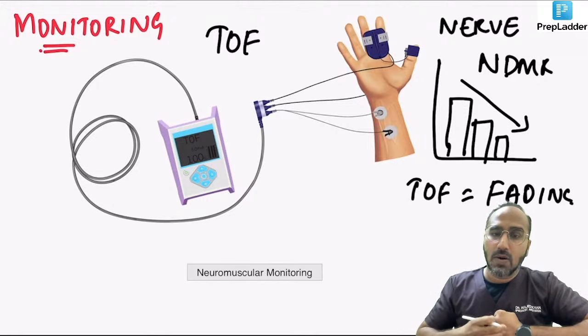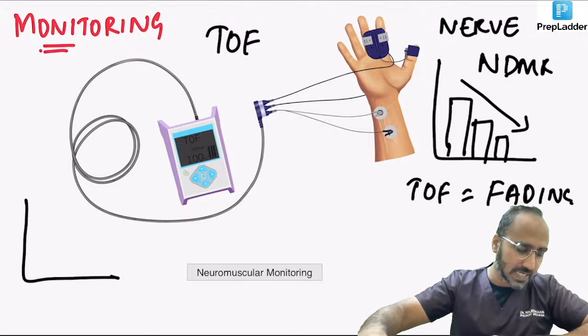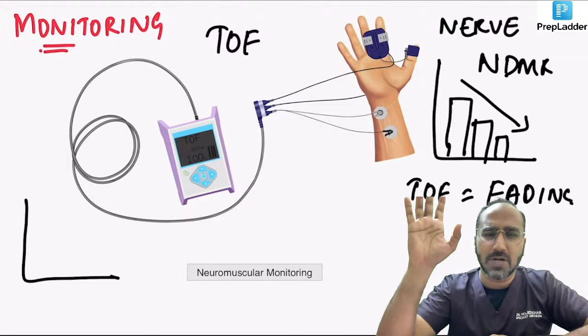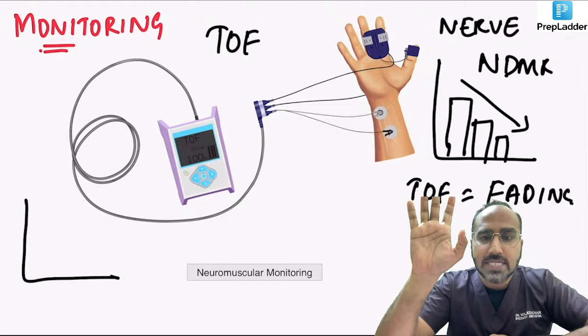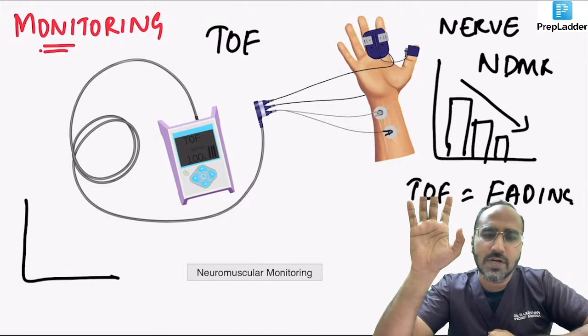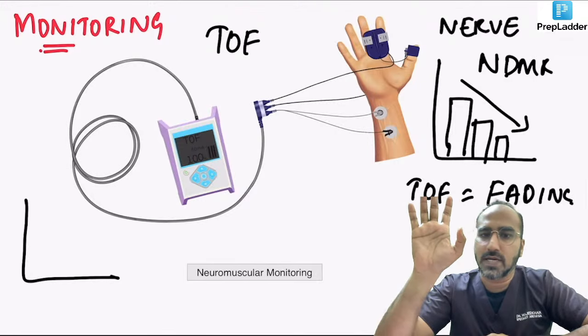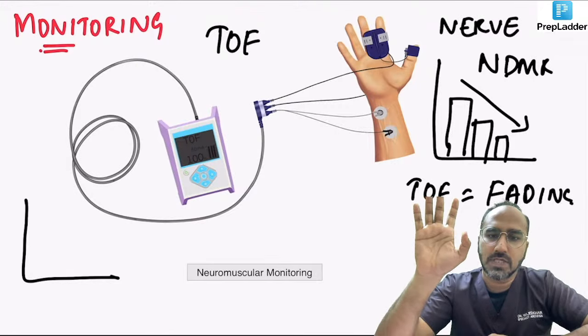Now, if I have received a depolarizing muscle relaxant, everyone look over here. Depolarizing, that is, scoline. As I have been given scoline, after 2 minutes of scoline, some stimulus is given to me. Now just look over here, guys. First twitch, second twitch, third twitch, fourth twitch.